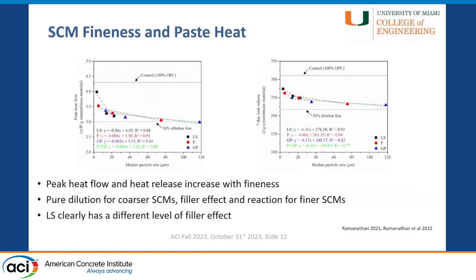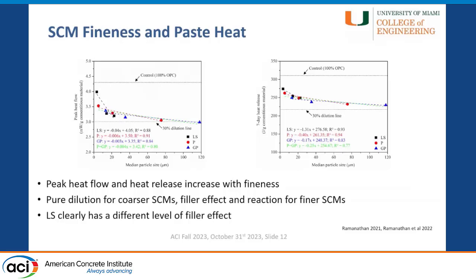And for coarser SCMs, we see that the effect is one of pure dilution. As you can see, we replace 30% of the cement with fly ash or any of these materials. So the 30% dilution line that we show there is basically a zero-effect case where if you replace it by 30%, it's supposed to decrease the properties by 30%, but in reality that's not going to be the case.